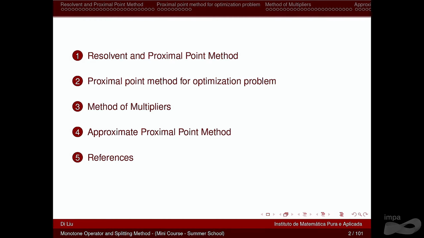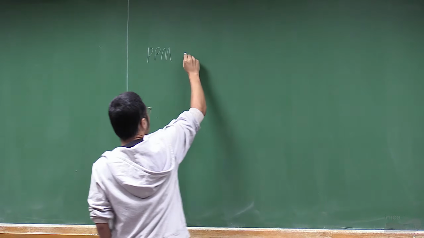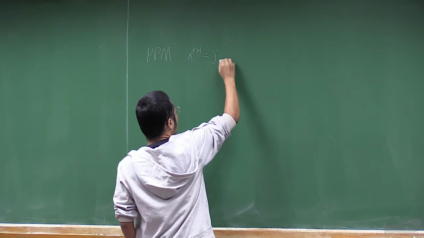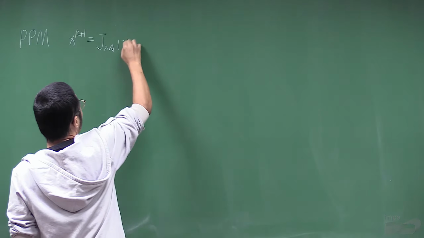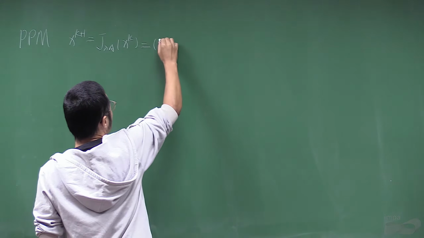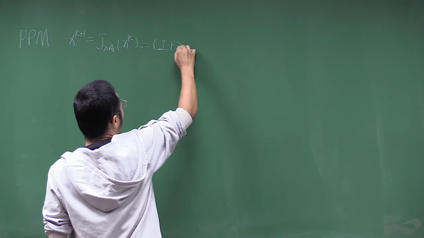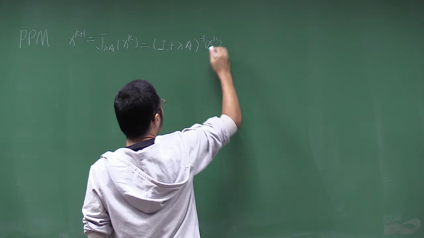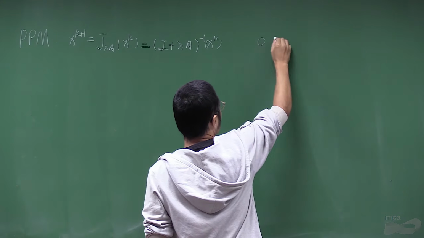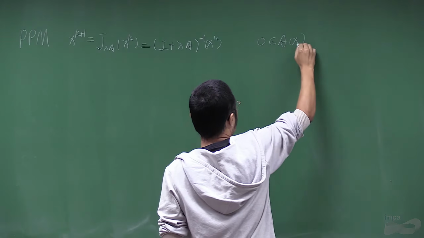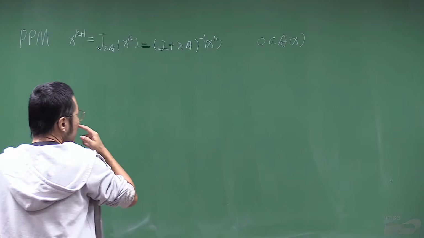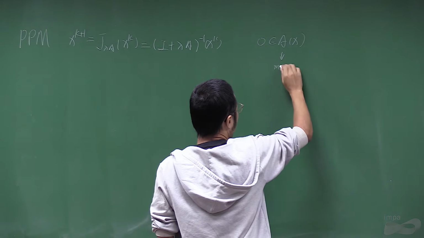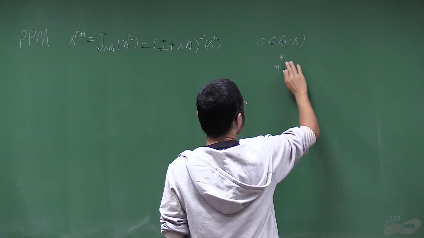First, it's the proximal point method, which is xk plus 1 equals the resolvent of A at xk, which is (I plus lambda A) inverse of xk, solving this inclusion problem. Usually this operator is maximal monotone.